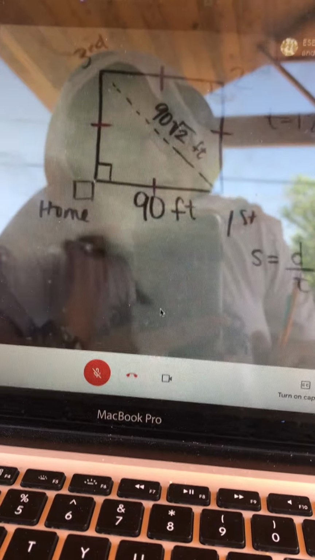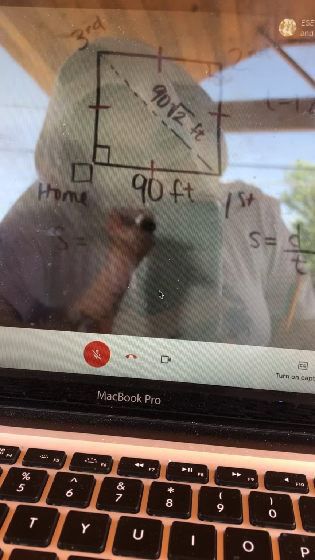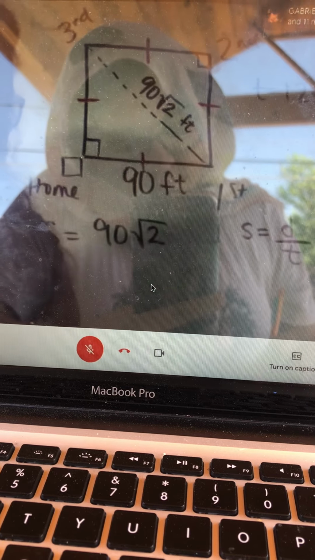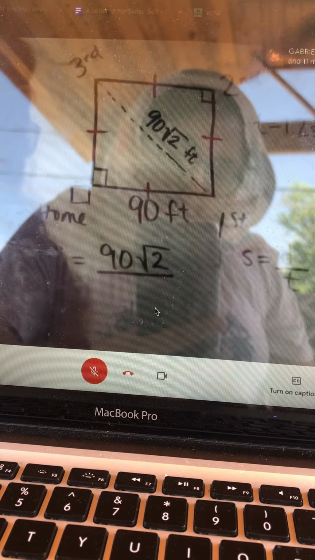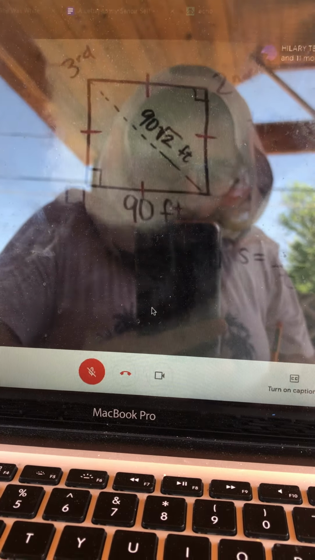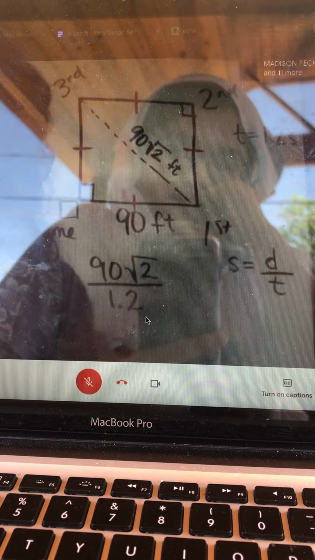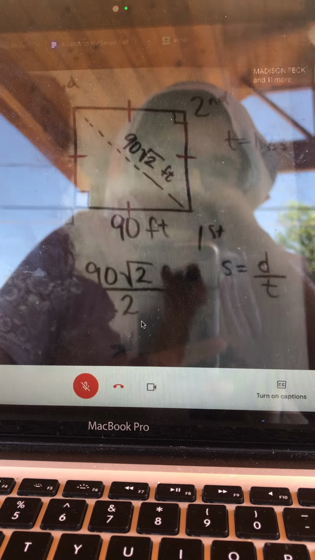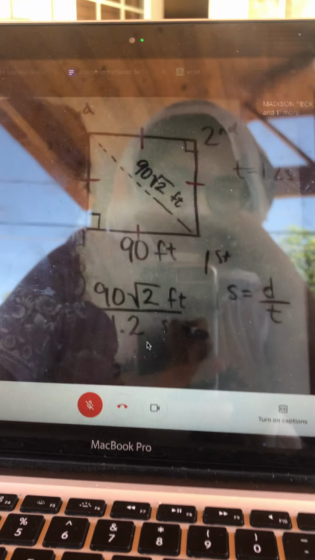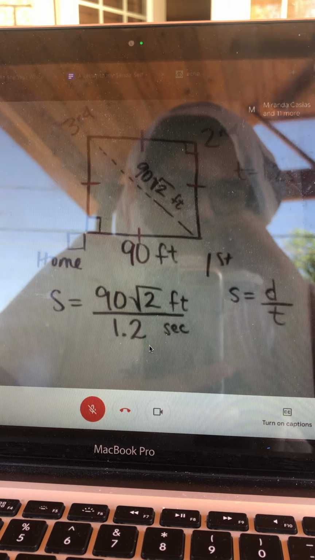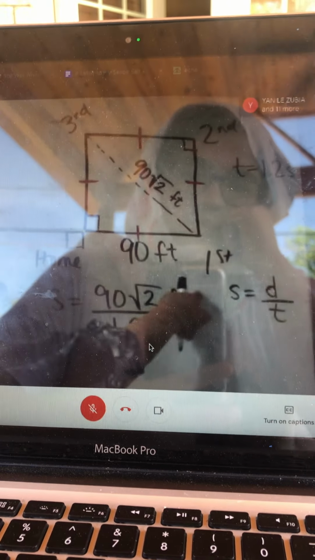So my speed is going to be equal to 90 square root of 2 divided by 1.2. And again, this is feet, this is in seconds. So when it's asking you at the end, find the speed in feet per second, it's going to happen naturally when you do the division.